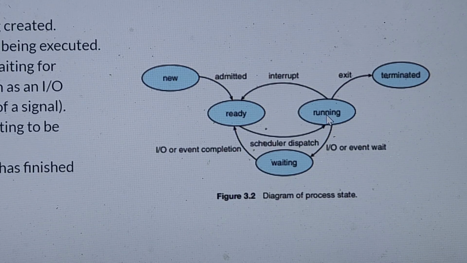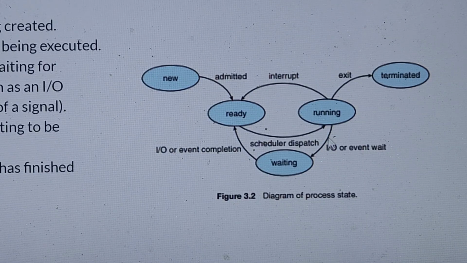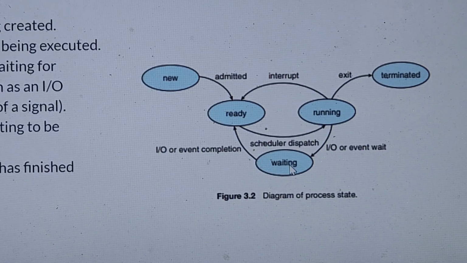It will be temporarily suspended and put into the waiting state until that dependency is fulfilled, that input output event or whatever needs to be done is done. Once it has been finished, it will go to the ready state, not back to the running state.